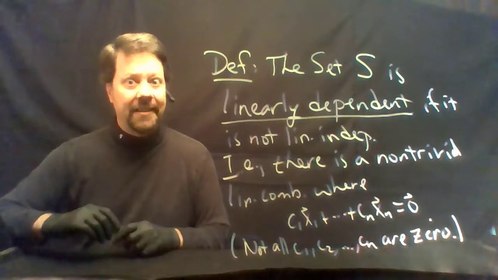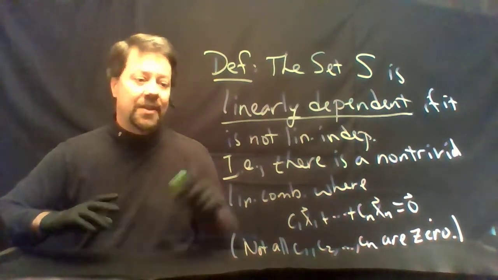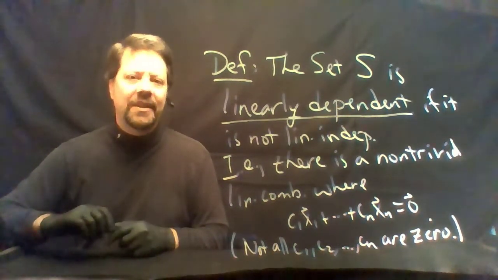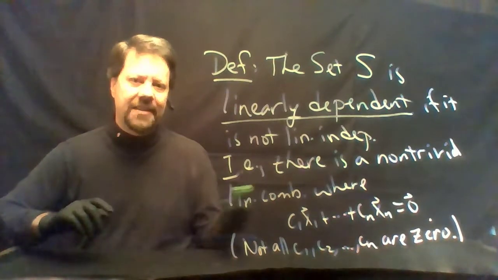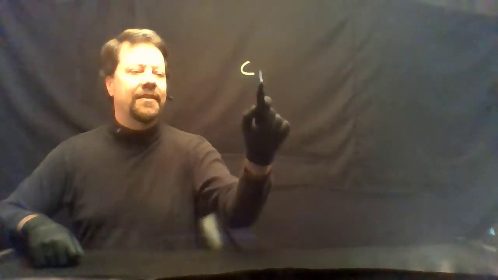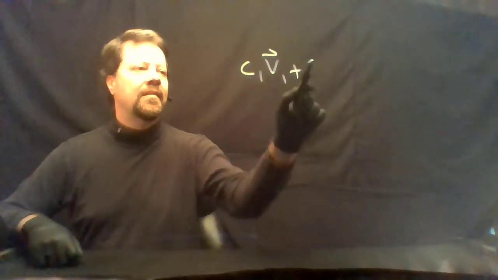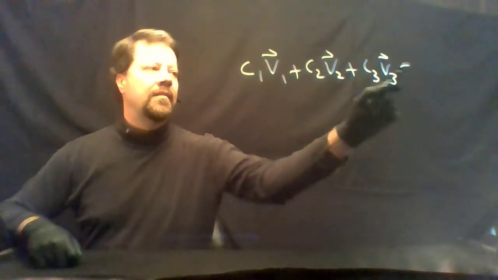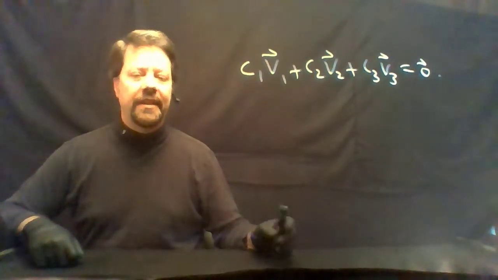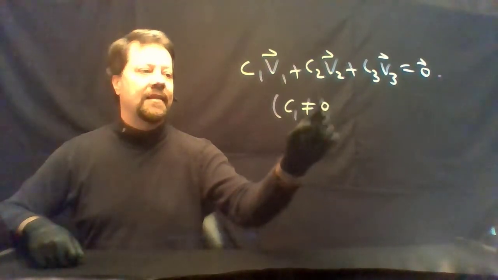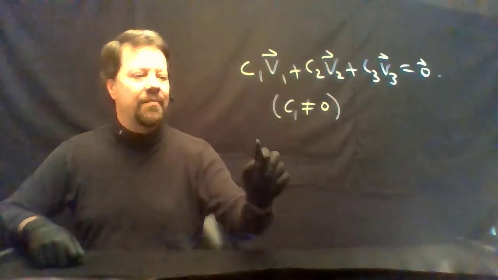Parallel vectors are linearly dependent. You can always express one as a multiple of the other, and so in some sense, you don't really need the one. All of its information is encoded in the other one by scalar multiples. Similarly, if you have three vectors that have a non-trivial linear combination equaling the zero vector, let's suppose without loss of generality that c1 is not 0.